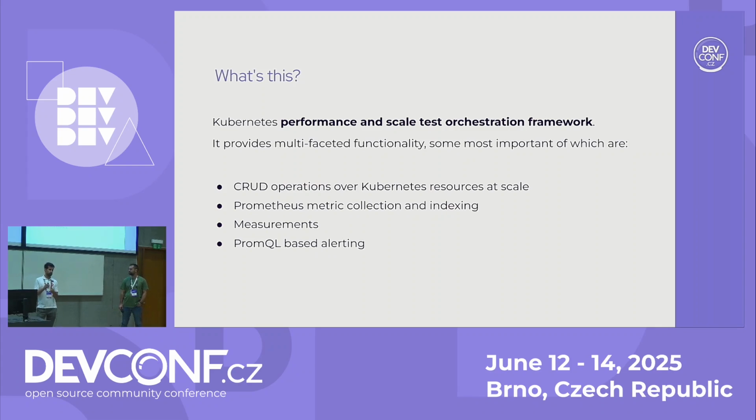That could be things that are coming from the API or other subsystems, or even pprof profiling information from Kubernetes components or other plugins like CNI. And also it provides a PromQL-based alerting system. These are the main features, but there are many more.